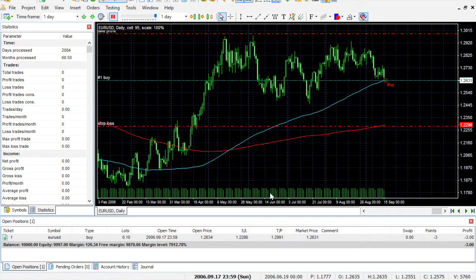Now for demonstration purposes, my lot size is just going to be 0.1, but for this system to work consistently, you need to make sure that the risk per trade is the same throughout all your trades.